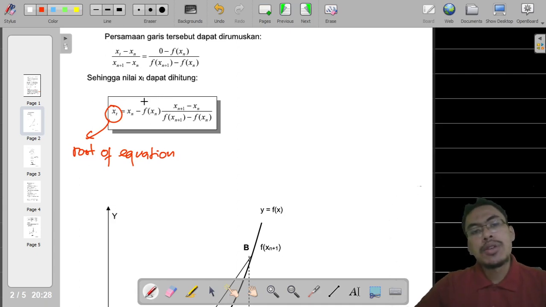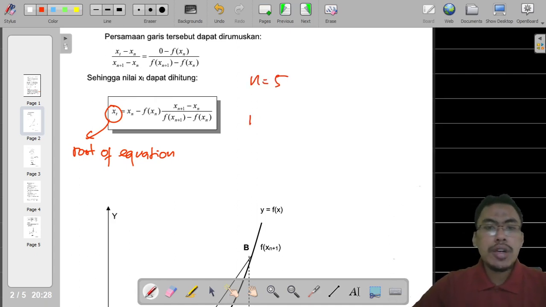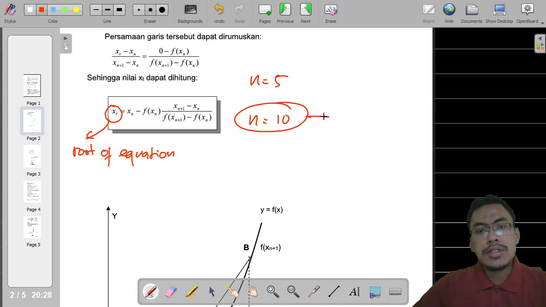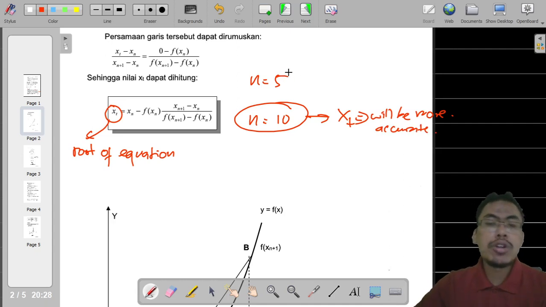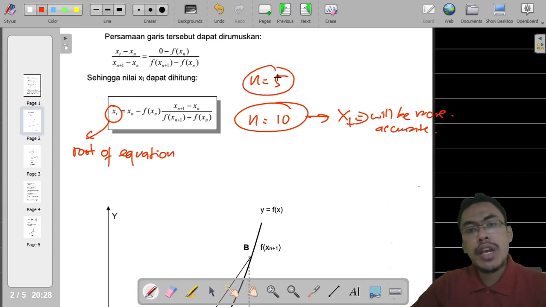If we have n equals 5, and the other one n equals 10, then this xt will be more accurate compared to when we only do 5 iterations.